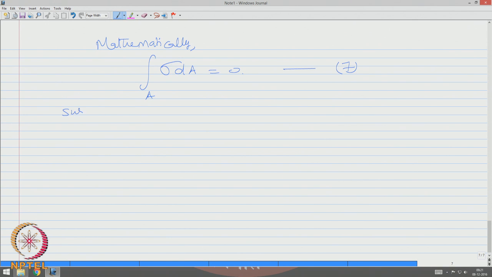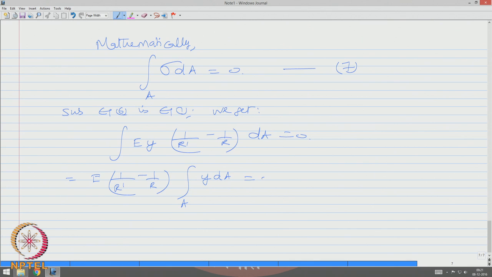So, now let us substitute equation 6 in equation 7. We get integral E y (1 by r dash minus 1 by r) dA should be 0, which is E (1 by r dash minus 1 by r) integral y dA should be 0.